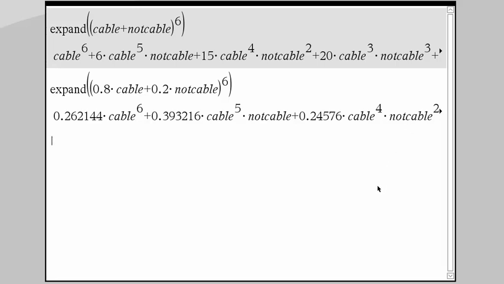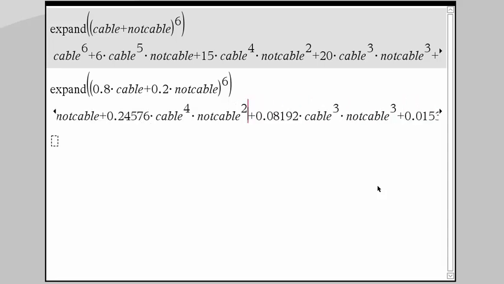We have everything. All right, what we're looking for here is, what's the probability that 3 houses have cable? So that would be 5 houses right there. There's 4 houses. Let's go over and grab another term. And so now what I can see is from this term, it appears that 3 houses with cable, meaning 3 houses with not cable, occurs 0.08192 of the time, and that is the solution that we wanted for that problem.